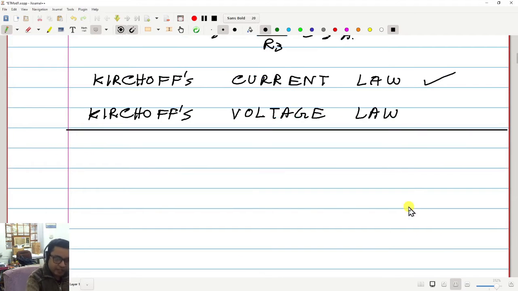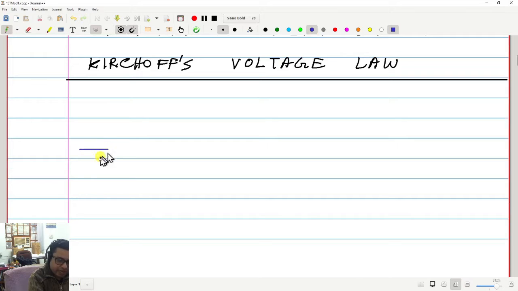Now let's take a small example with Kirchhoff's voltage law. Suppose I have a battery and I say that this is a 10 volt battery. But if I just say this is 10 volt, that is incomplete.